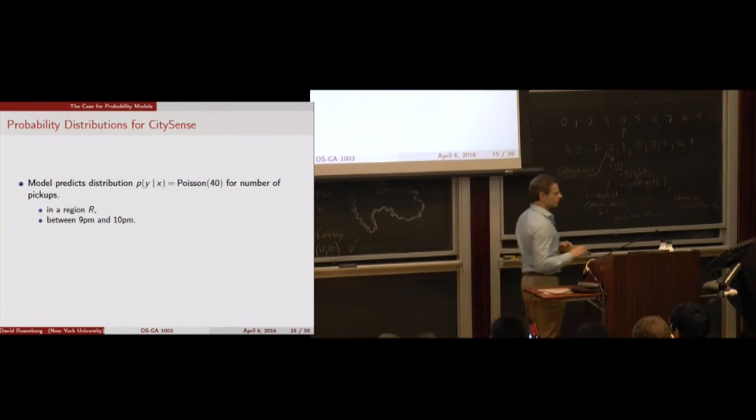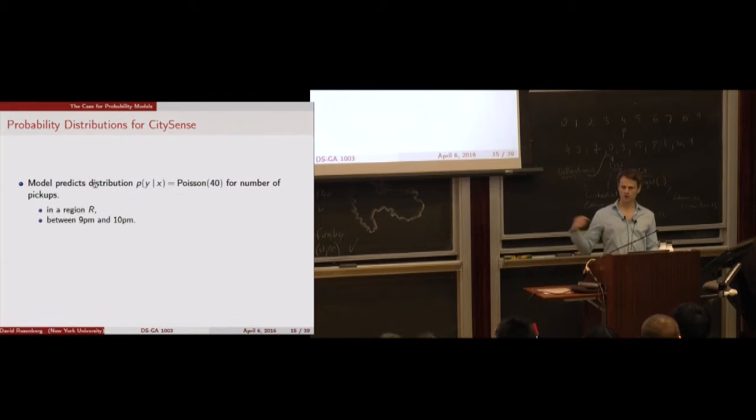Suppose we give our model an x and it outputs Poisson 40. What's the expected value of a Poisson 40 distribution? 40, right. And it gives probability to all integers greater than or equal to 0.